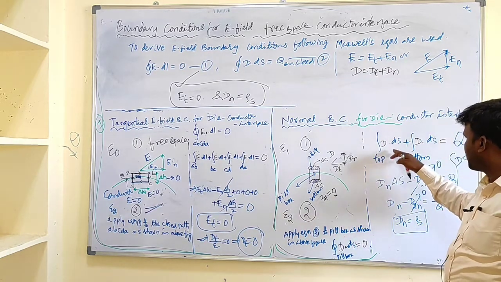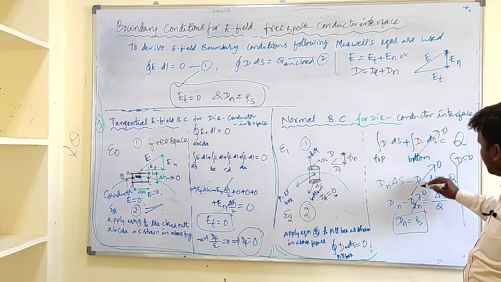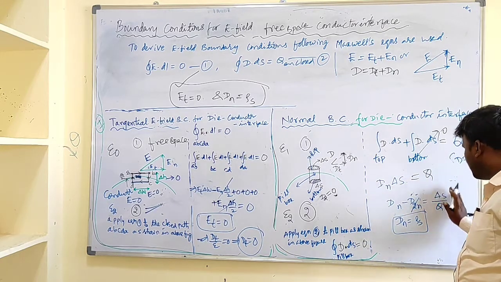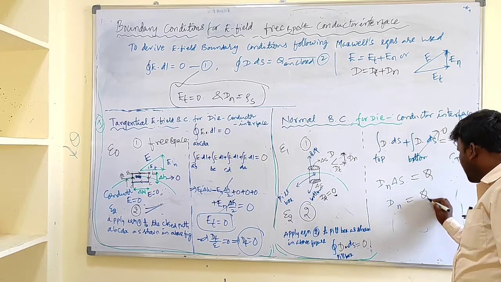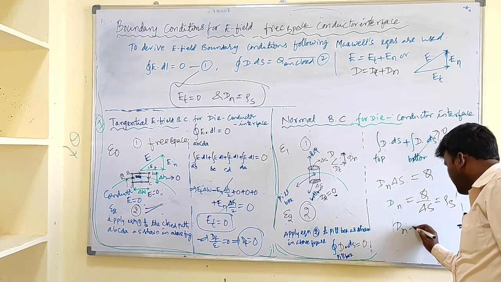For the second medium it becomes 0, so Dn delta S equals Q, that is, Dn equals Q by delta S, which is rho s. It implies Dn equals rho s.